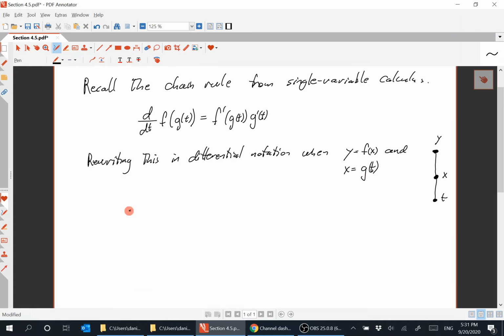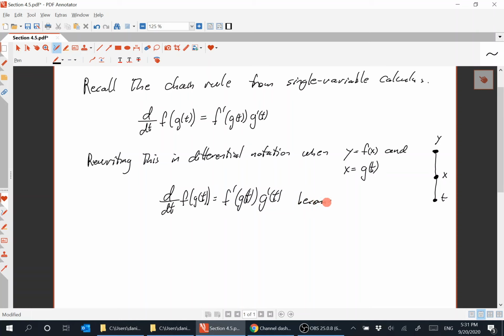So now, d over dt of f of g of t is equal to f prime of g of t times g prime of t.